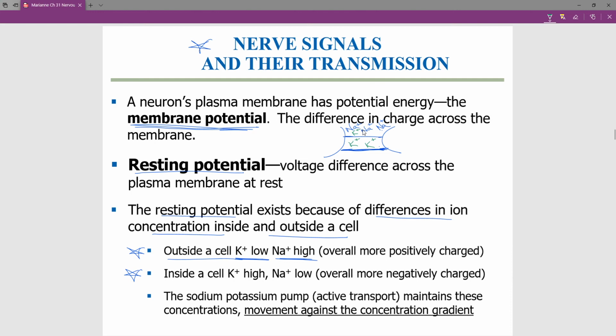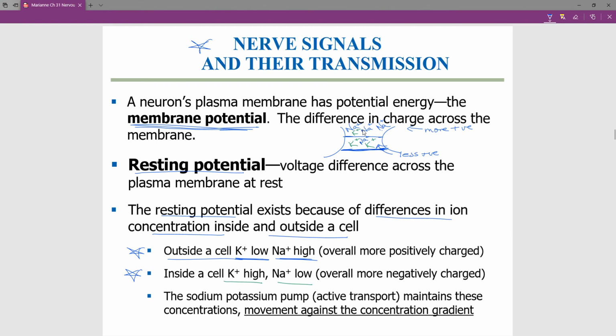Inside the cell, we have a lot more potassium ions and a lot fewer sodium ions. If I were to complete my diagram here, not just na na na ka ka, we'd also have some sodium ions inside the cell. So we have an overall more positive outside the cell and less positive inside the cell. That's what we're saying.